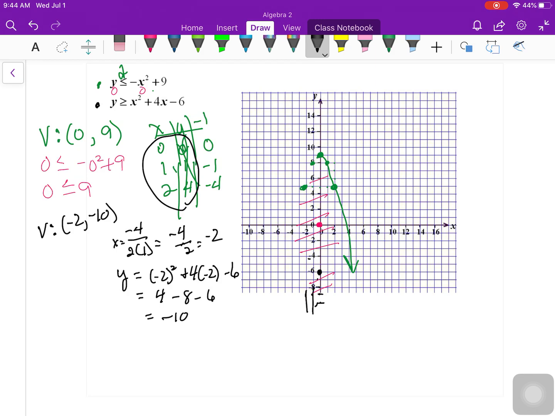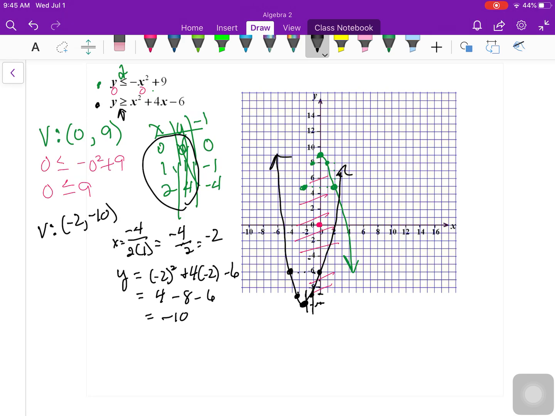Let's graph that one again. I think I'm off a spot. So 2, negative 10. And then I have my 1, 1, and symmetrically, and 2, 3, 4. There we go.